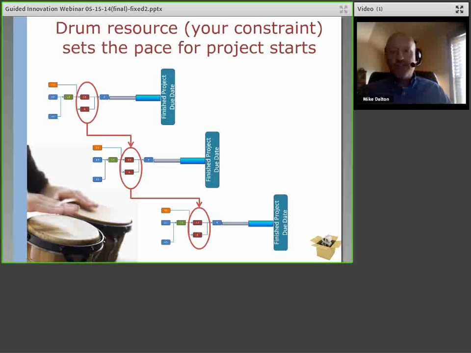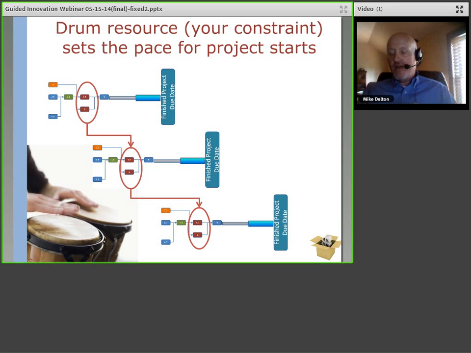And the way we do that is by staggering the start dates of new projects based on the work required and the bandwidth available. Right? And so the start dates of each of the projects end up being staggered, so that our so-called drum resource sets the pace and it's never overloaded.